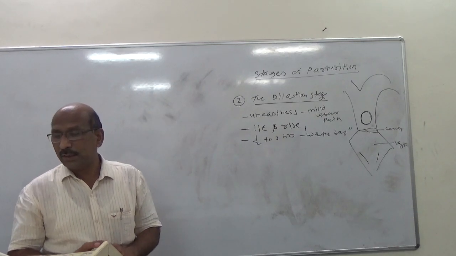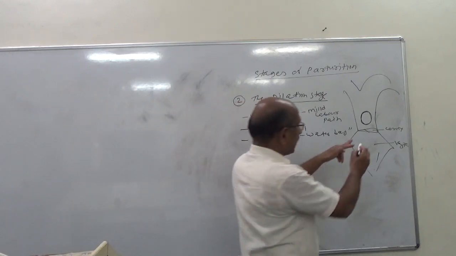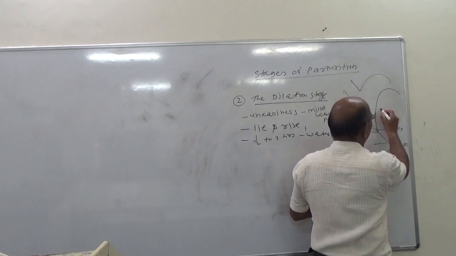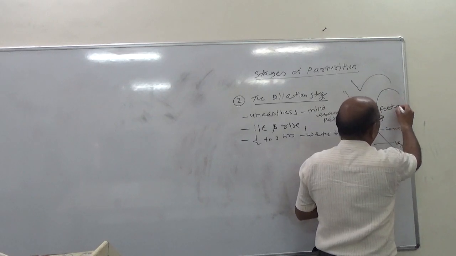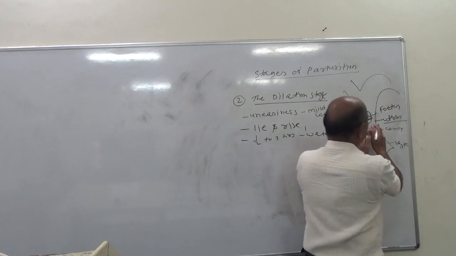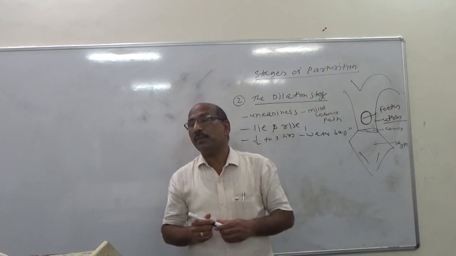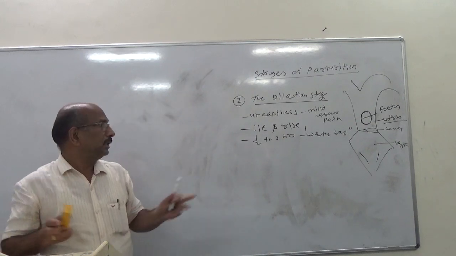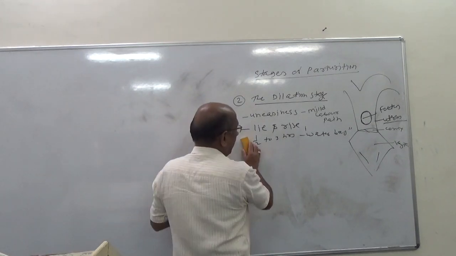At this stage, the cervix becomes fully dilated. The fetus, the young one, is in the uterus. This is the second, dilation stage.